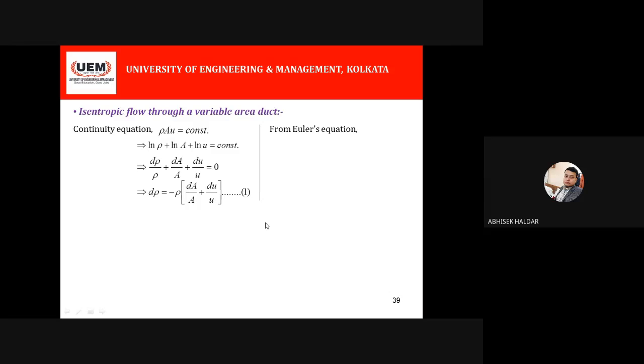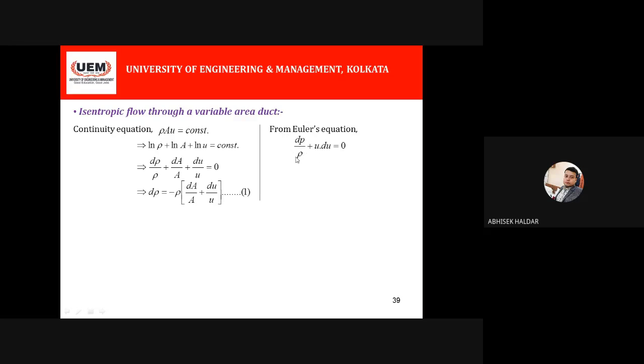Now from Euler's equation I can write this one. I think in the very first class of the compressible flow I have used this equation, so it is not new to you. dP by rho plus u du is equal to 0. Can you recapitulate this equation, Euler's equation? Yes, sir. Okay, thank you.